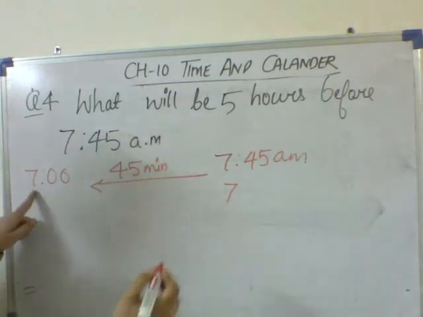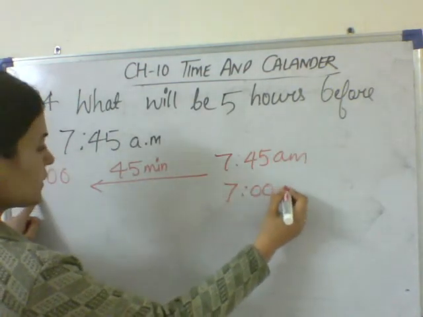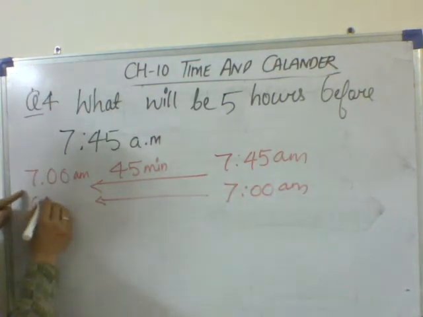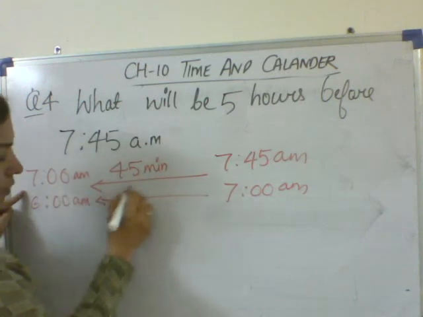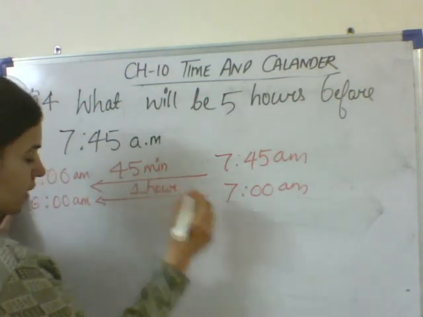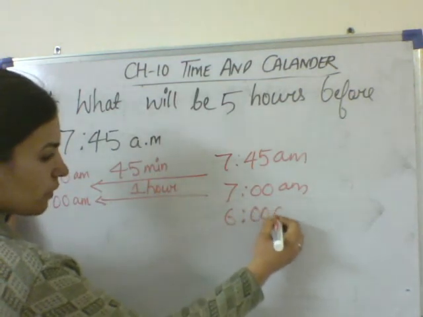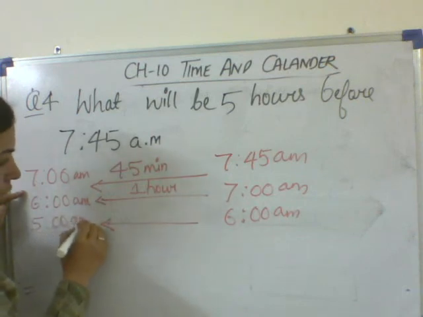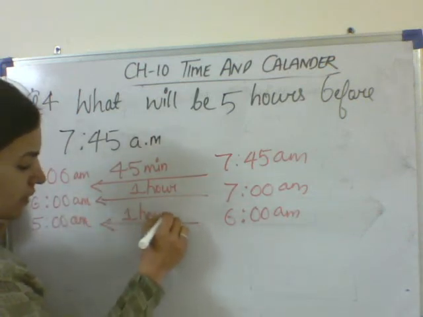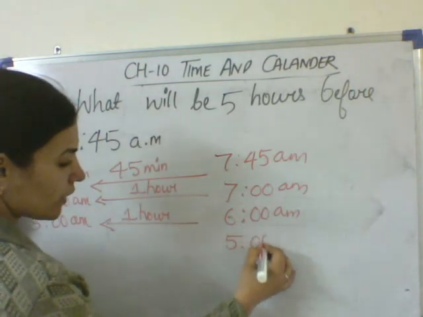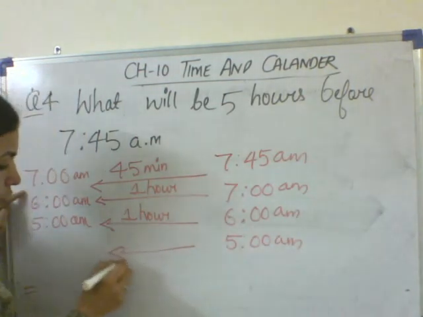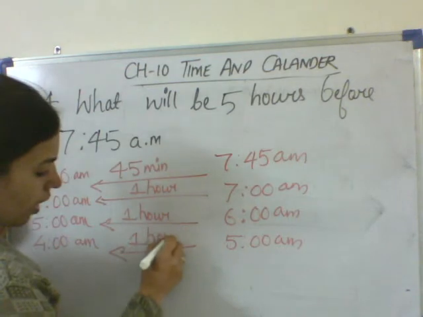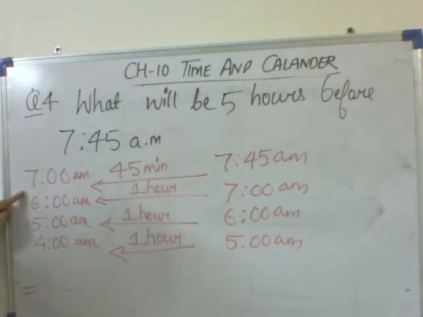Then here I will be writing this timing, that is 7:00 a.m. to 6 a.m. Again 1 hour gap is there, and from 6:00 a.m. to 5 o'clock again 1 hour gap is there, and again from 5 to 4 a.m. the gap of 1 hour is there.